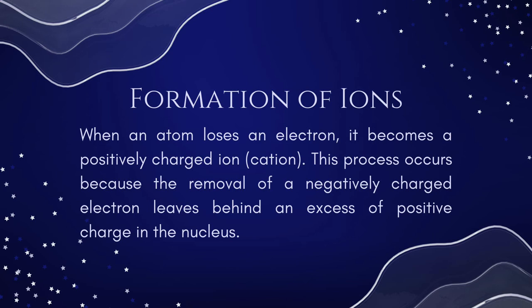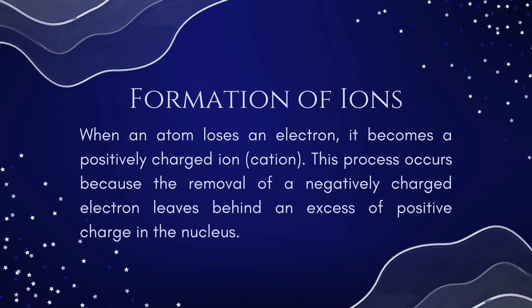The positively charged ions are called cations, and the negatively charged ions are called anions. When an atom loses or gains electrons, it becomes an ion. This process changes the atom's charge and affects how it interacts with other atoms in electric fields.